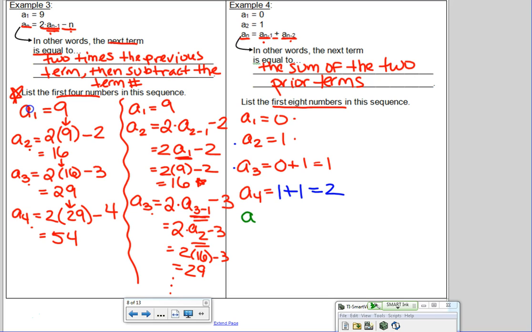Then A sub 5 would equal the 2 prior terms, which would be A4 and A3. So that's 2 plus 1, which is 3. A6 would equal the sum of the 2 prior terms. So that would be 3 plus 2.